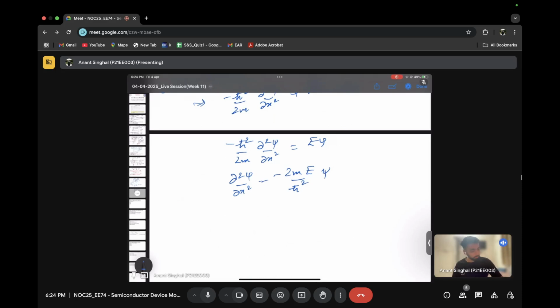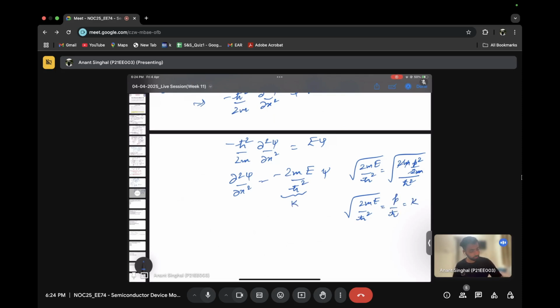There is a variable that we replace it with. The square root of 2mE by h bar squared, I can write E as p squared by 2m, so 2m and 2m cancel out. This is what we call p by h bar, and this is what we call k.